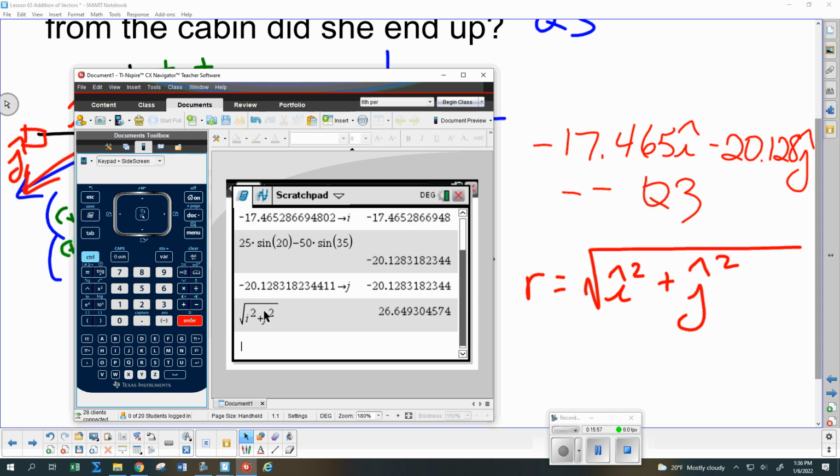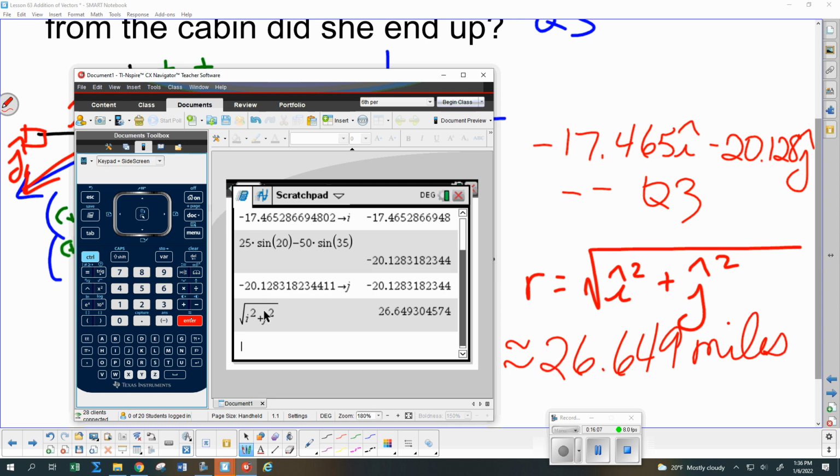And are we getting 26.649? And our units were miles from the cabin. Yes.